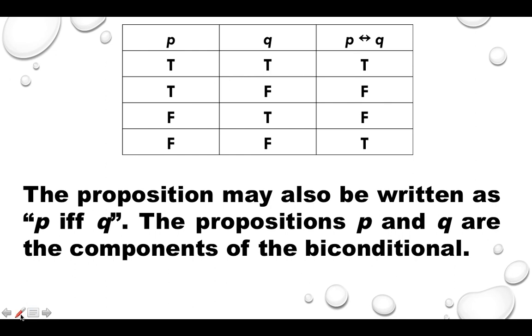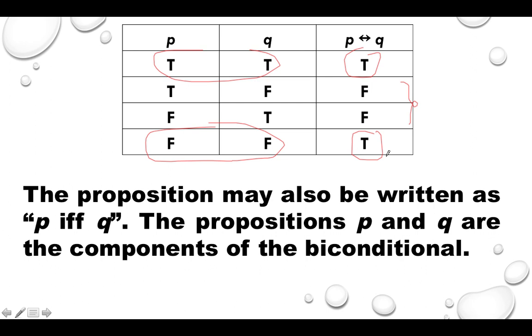Kapag parehong true ang ating conclusions and hypotheses o parehong false ang ating conclusions and hypotheses, magiging true ang answer natin. Therefore, the others na may alternate ang truth value like TF or FT are false. And yung magkakapareho ay true.